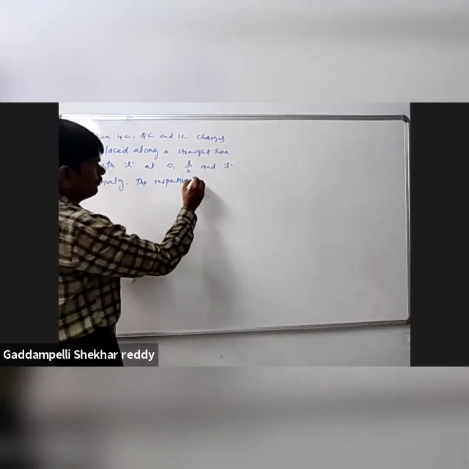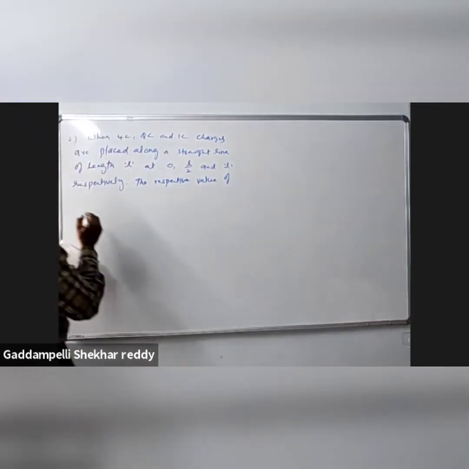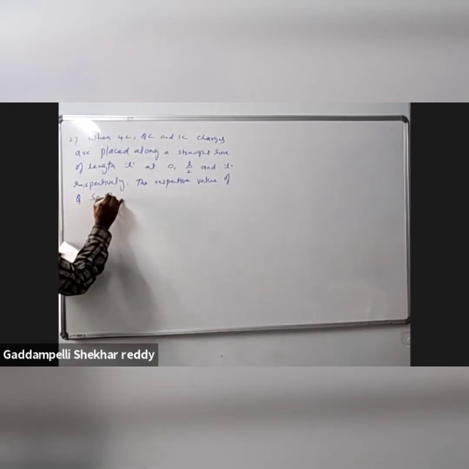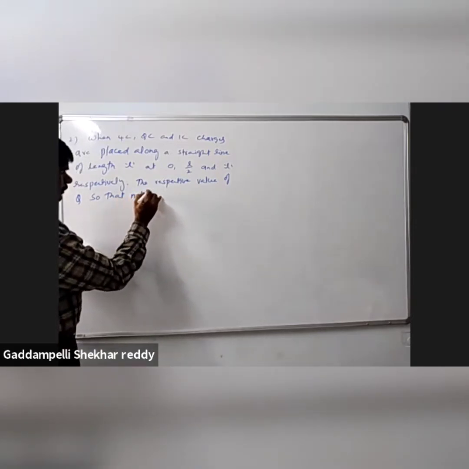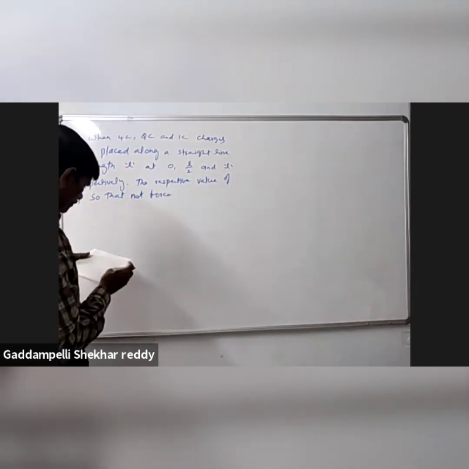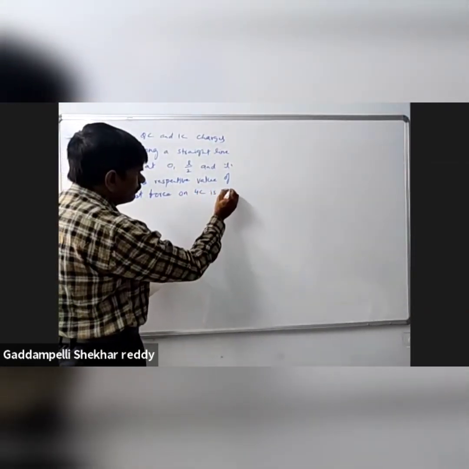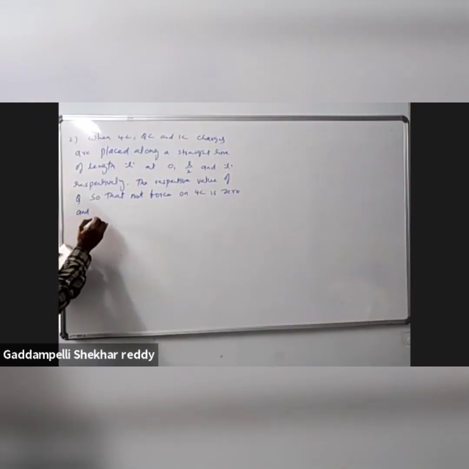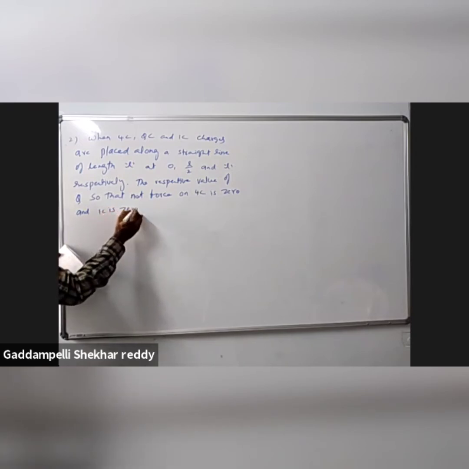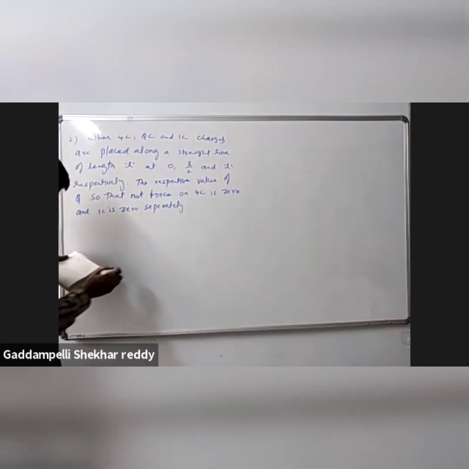The respective value of Q, so that the net force on 4C, that means the 4 coulomb charge, is 0, and on 1C is 0, separately.